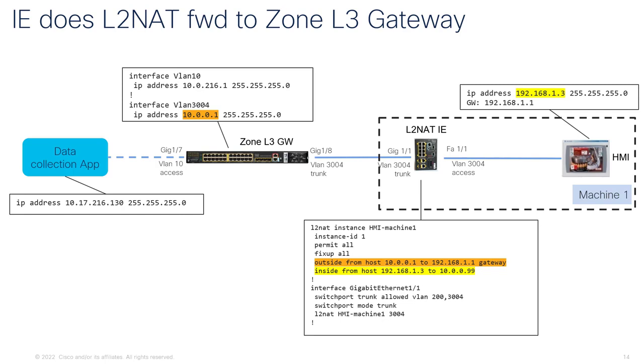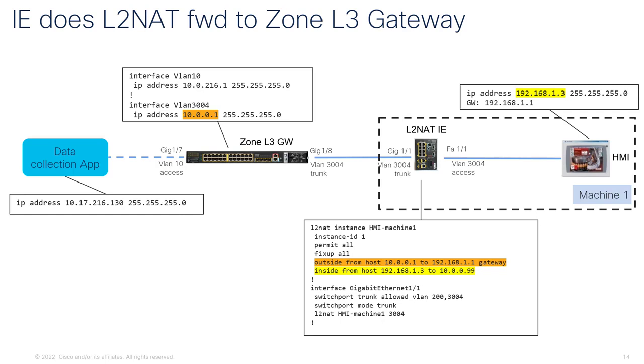And now going back to the CLI configuration for the NAT switch there on the bottom. Now our uplink is gigabit 1/1, and we're going to apply the layer 2 NAT HMI machine 1 instance to VLAN 3004. Now this is a trunk interface, so the VLAN 3004 is going to be tagged, so we have to tell it which VLAN to work on to look for these IP addresses.